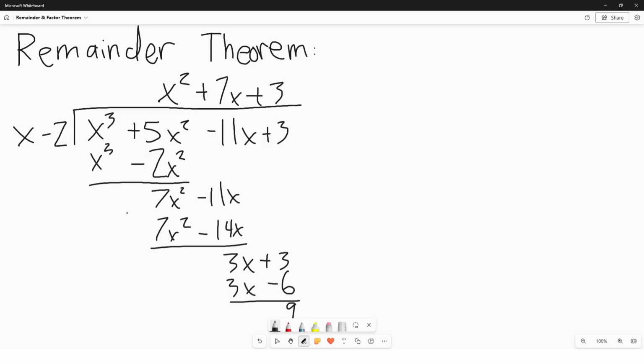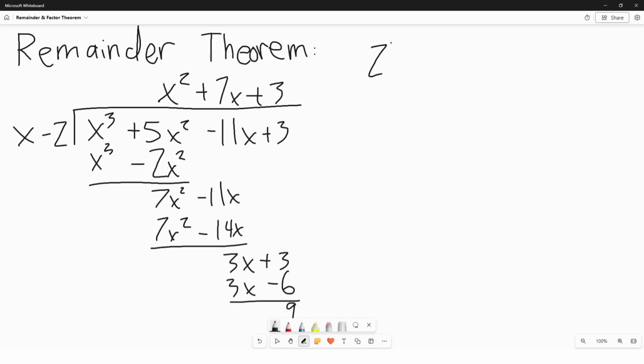So in order to find out the remainder, we can look at this divisor and set it equal to 0. So x minus 2, if we set it equal to 0, then x is equal to 2. Or we can just take the last number, in this case 2, if the sign is subtraction. If it's addition, we just take the negative of it. So we take 2 and we replace it for x inside the dividend.